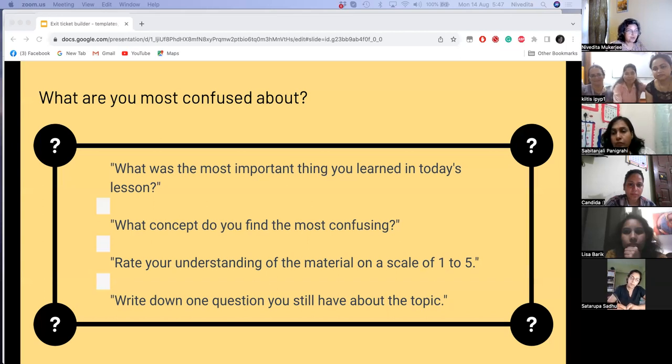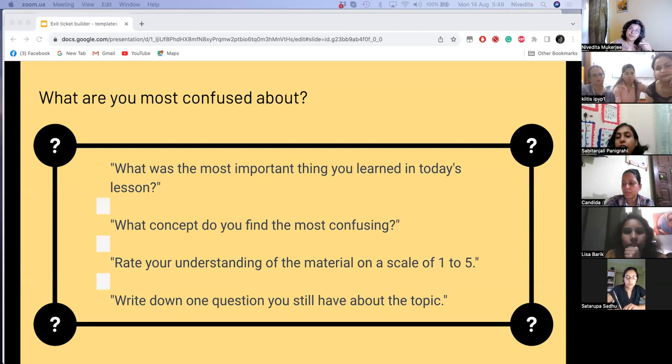Things like, what was the most important thing you learned in today's lesson, or what concept do you find the most confusing, or rate your understanding of the material on a scale of 1 to 5, or write down one question that you still have about the topic. Any of these are exit tickets.